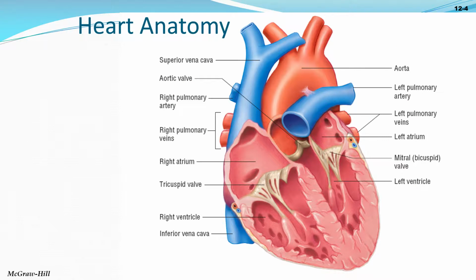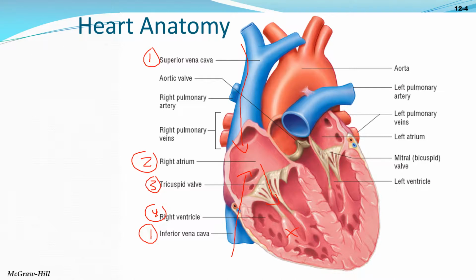Not in this class, but in your anatomy class, you'll need to know the tracing of blood throughout the entire circulation. So for us, we'll start here, vena cava. So we got one on the top, one on the bottom. That takes blood to the right atrium. Through this valve here, called the tricuspid, which ends us up in the right ventricle.